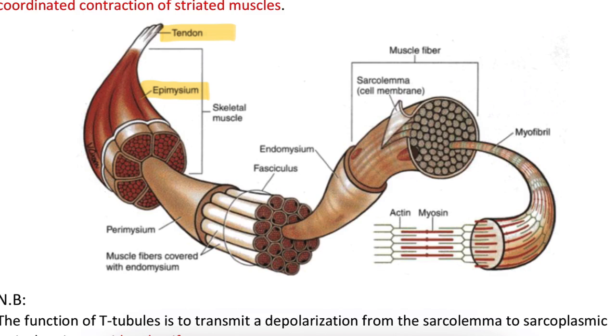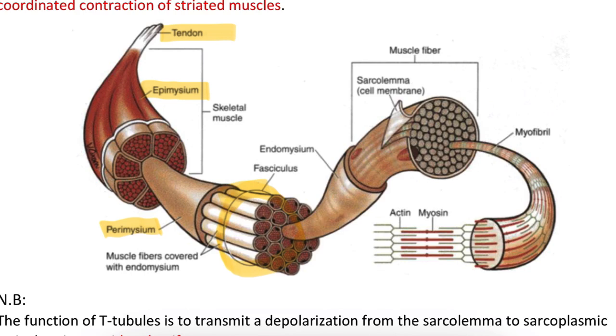When you go inside the epimysium, you can see the perimysium. The perimysium surrounds each fascicle. You can see here, these are the fascicles, each a bundle of muscle fibers. It contains blood vessels and nerves.